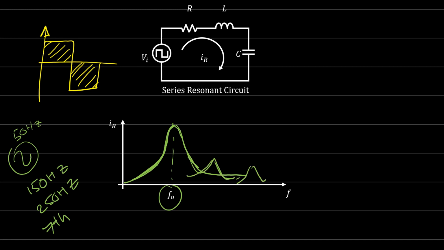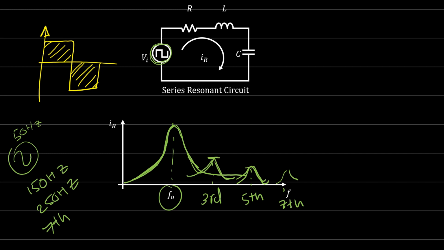One occurs at the third harmonic, one at the fifth harmonic, then at the seventh harmonic, and so on. The curve should be something like this. Why? Because the input here is a square wave.